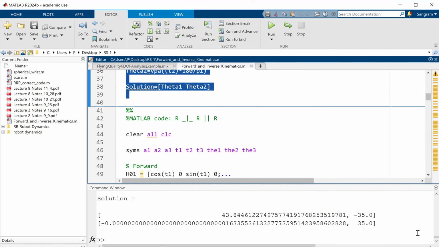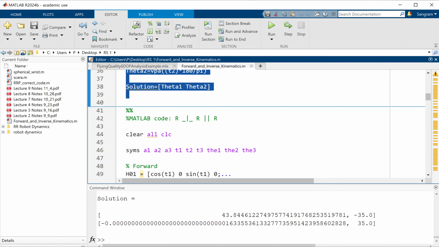And if so, do you remember what our initial angles were? Can you see it gave us one angle 43 and minus 35, which is the lower configuration, and the other is 0 and 35.